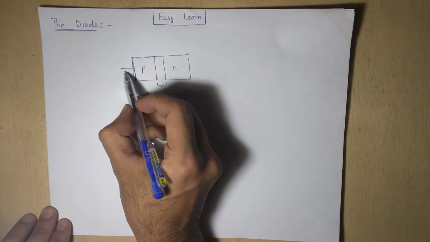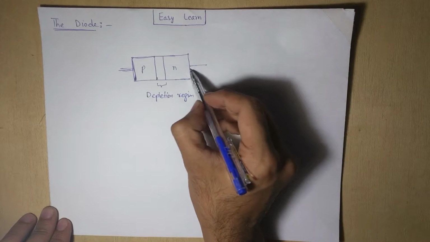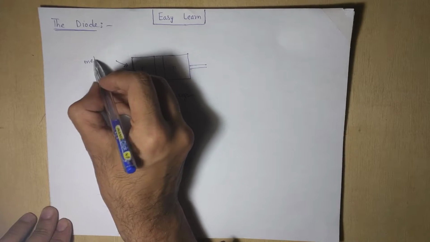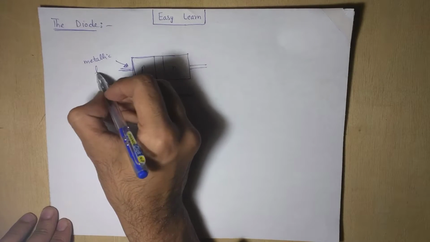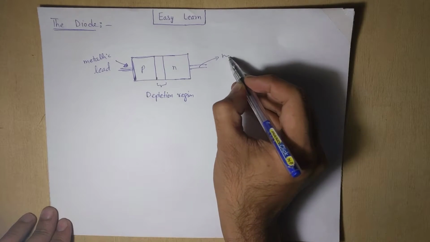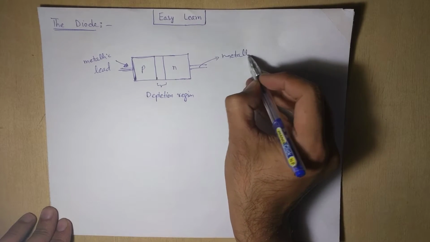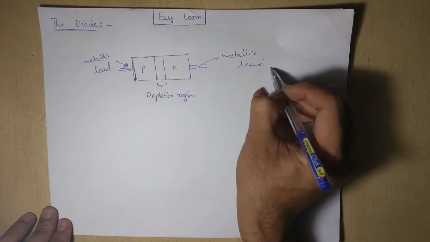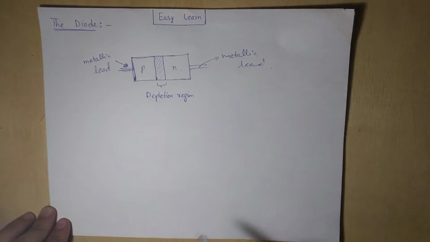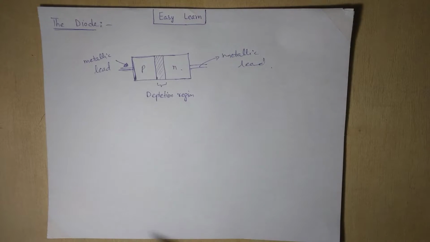There is a metallic lead too, and this is also a metallic lead. Okay, this is the depletion region highlighted, P type, N type.